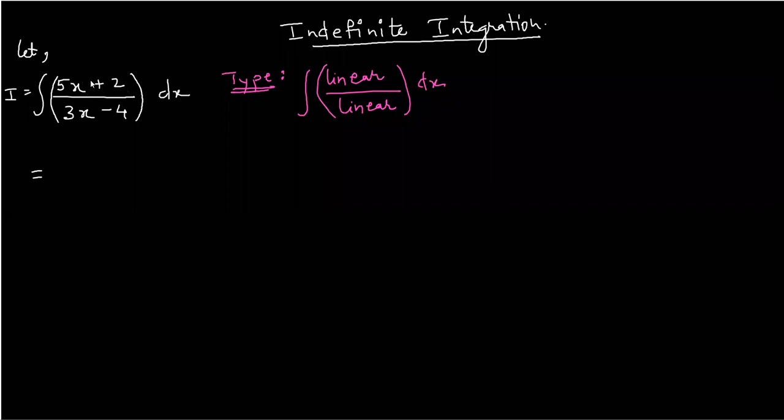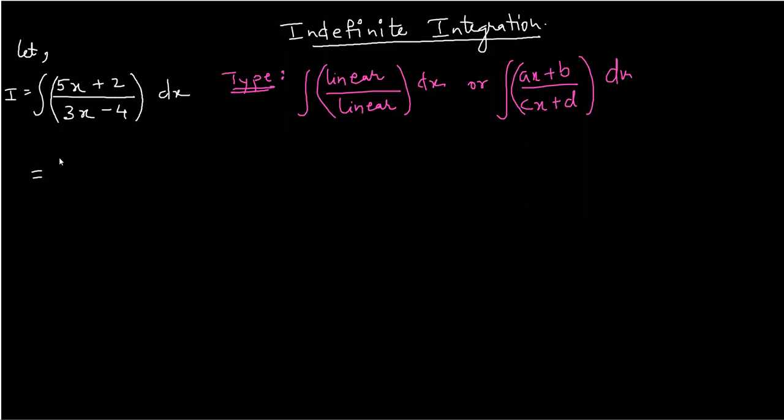Why am I calling this linear? Because it's in the form ax + b, and the denominator is in the form cx + d. So this is (ax + b)/(cx + d) dx, linear algebraic in x upon linear. Now, what's the method here? How do I solve this?